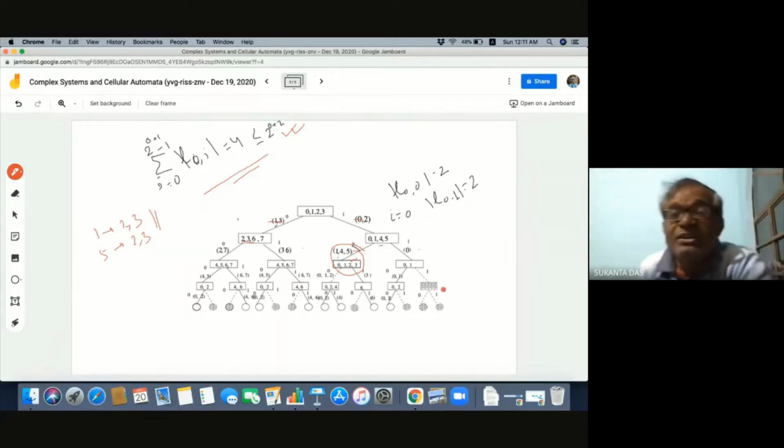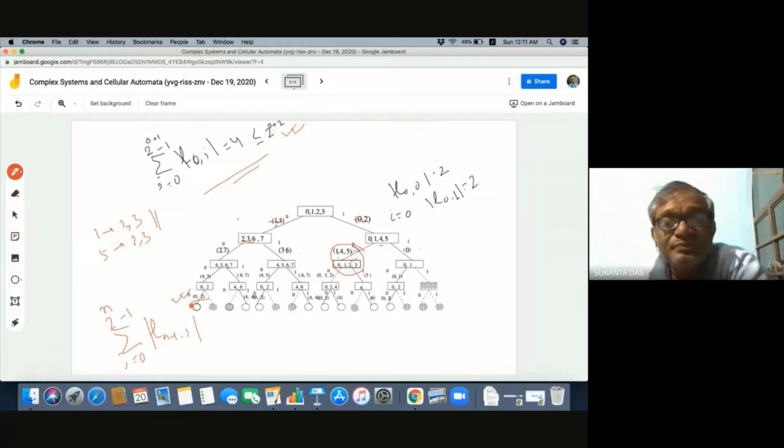Now what happens for the last level? This is actually L n minus 1, j, with 2 to the power n minus 1 plus 1.